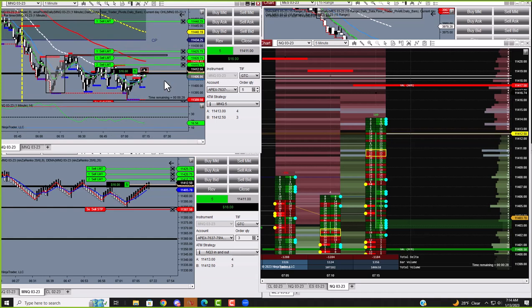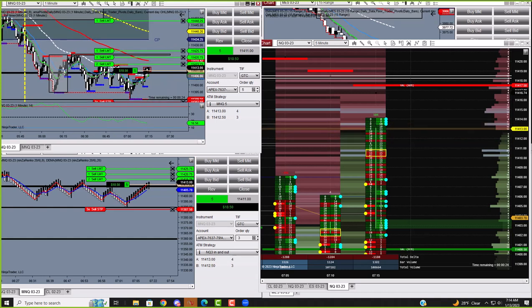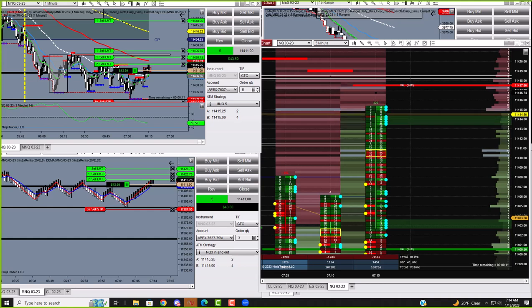They're going to go run these stops on these guys. Come on. Right to our first target and didn't fill it.